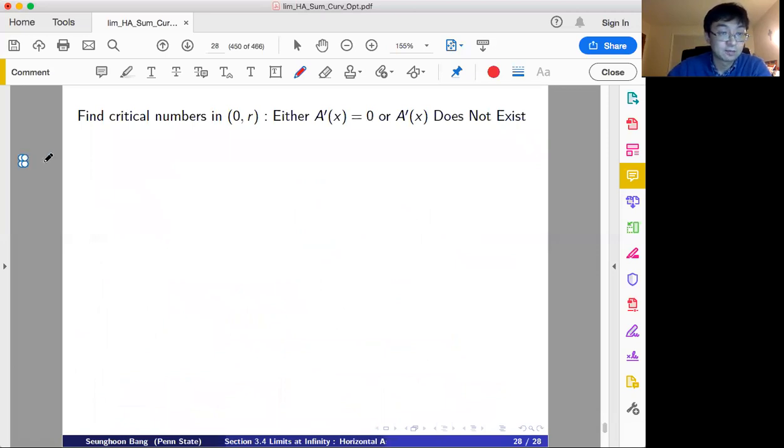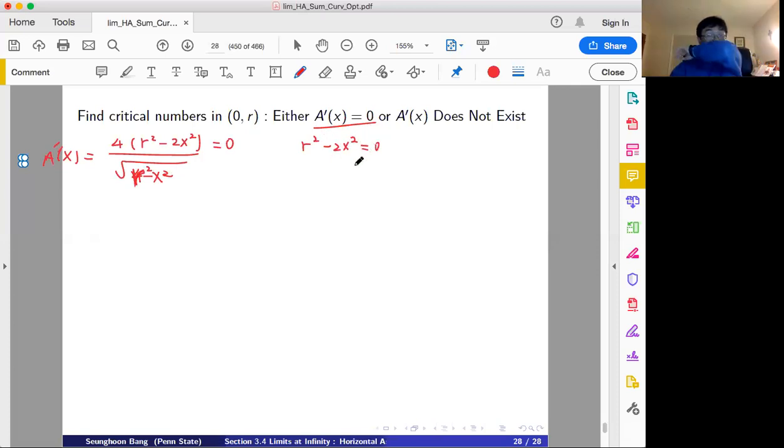Here, A prime of x is 4 times r squared minus 2x squared over the square root of 4 minus r squared minus x squared. So A prime of x equal to 0 means the numerator equals 0, exactly r squared minus 2x squared equals 0.